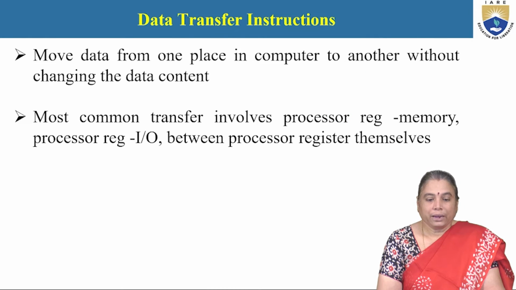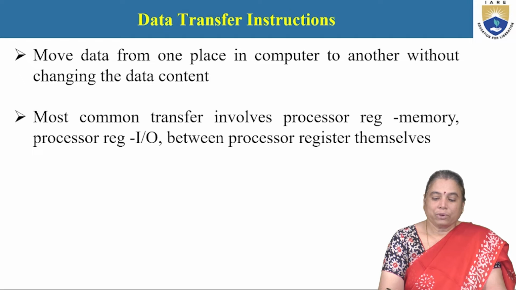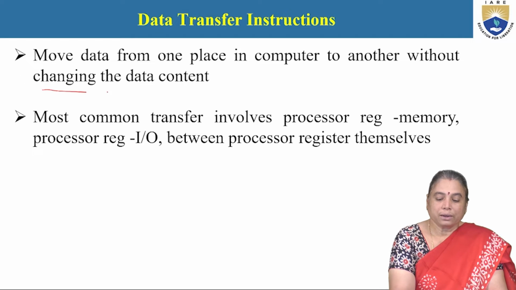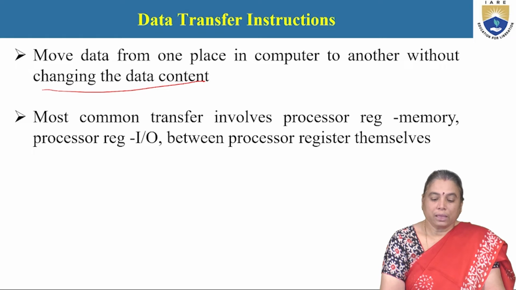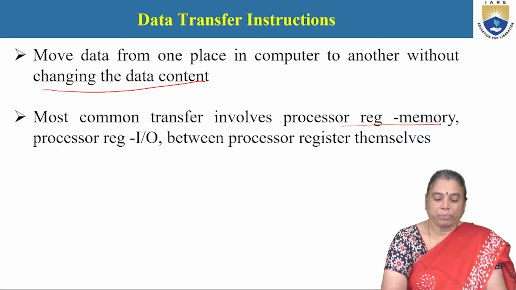So the three categories of instructions are these. Data transfer instructions move data from one place in the computer to another without changing the data content. So there is no change or effect on the content. The common transfers involve processor register to memory, processor registers to IO, and processor registers themselves.